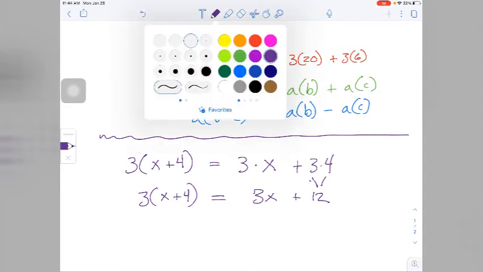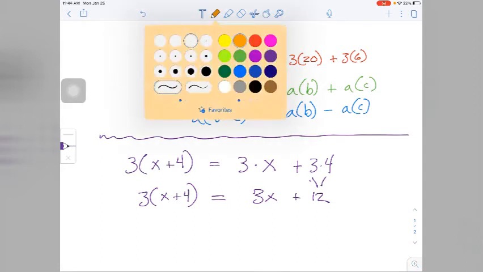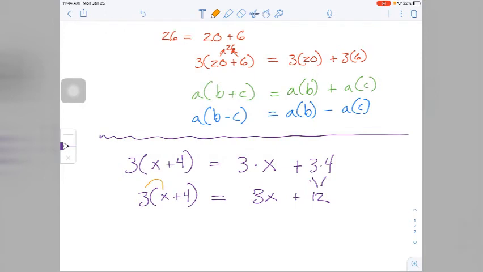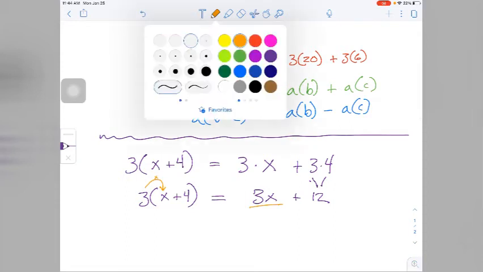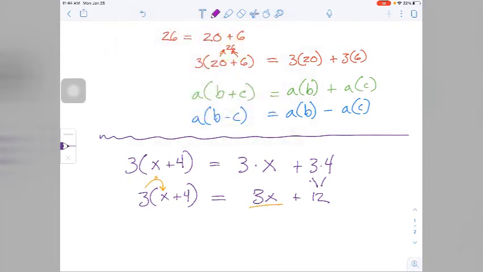what I'm really going to be doing is taking 3 times x and multiplying, and that's going to give me 3x, and then I'm going to do 3 times 4, and that's going to give me 12. 3 times 4 gave me 12, and 3 times x gave me 3x.